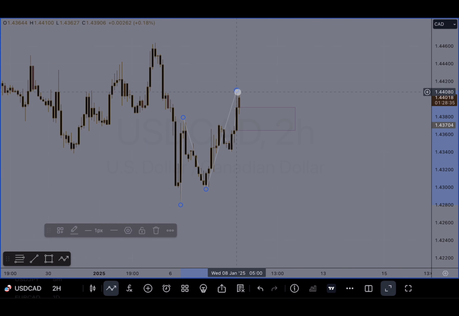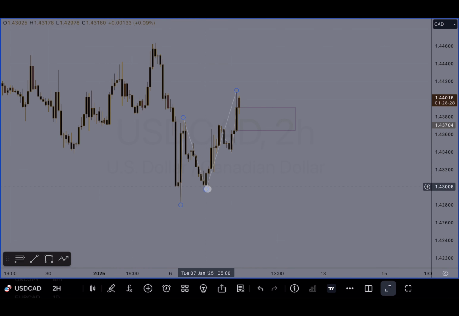The market did not want to come down here. The algorithm did not want to send the market down here. It wanted to leave this liquidity for a later date.